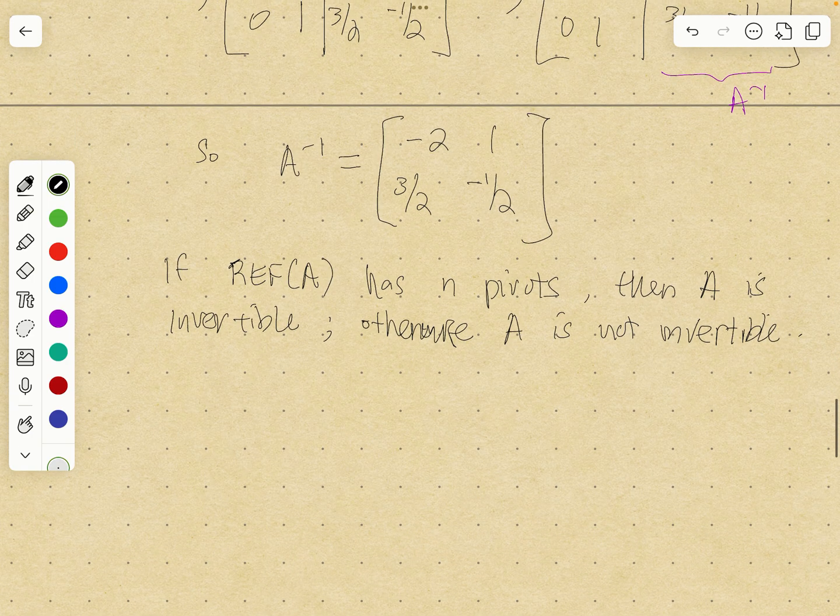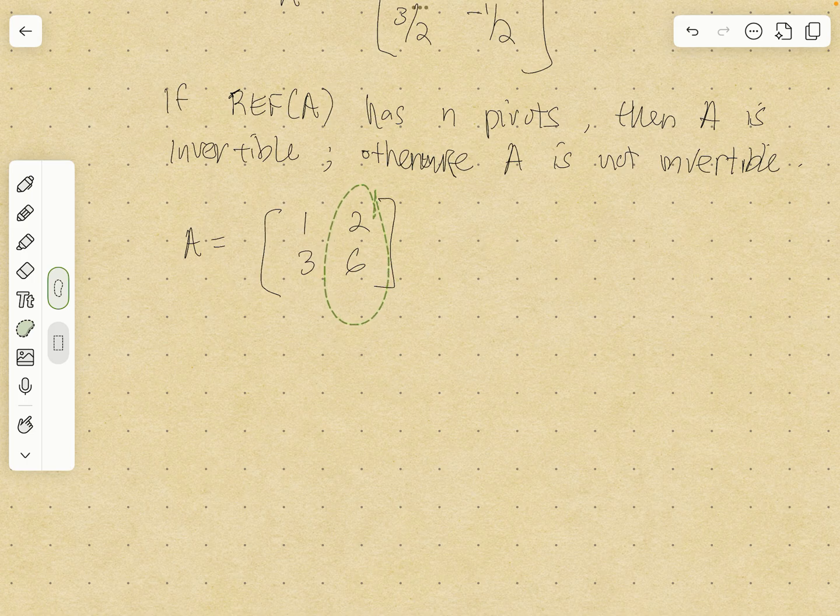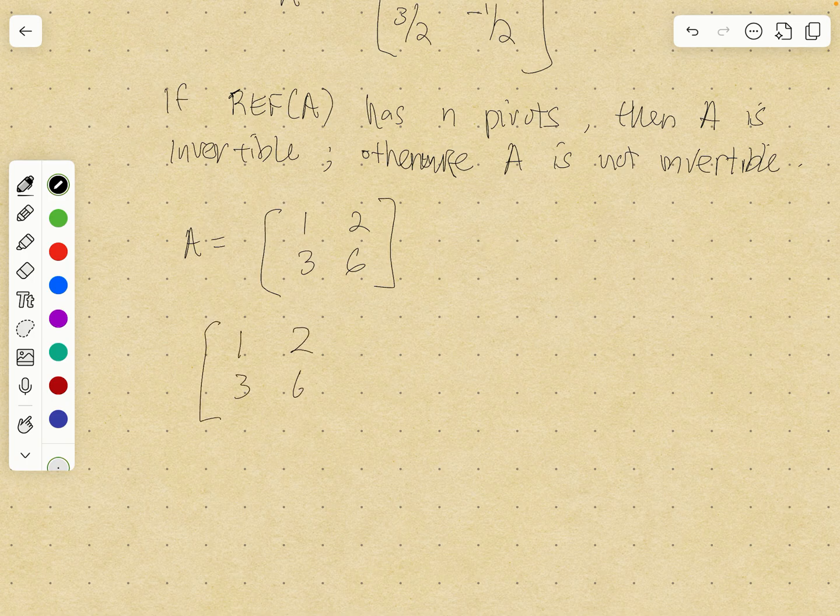Let's see what will happen if you had something like A equals [1, 2; 3, 6]. So we can see that A is not invertible because, for instance, the second column is a scalar multiple of the first column. Well, what happens if you try to do the same process as before?